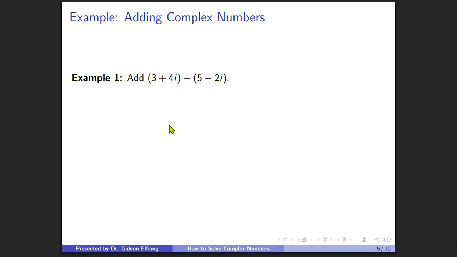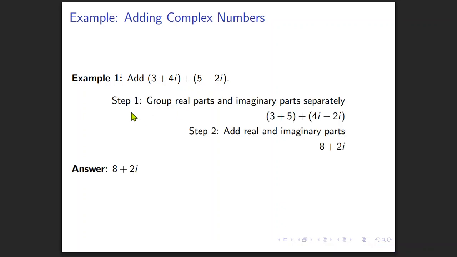So when given complex numbers to add, say we are asked to add 3 plus 4i plus 5 minus 2i. What do you do? The first step: group real parts and imaginary parts separately.